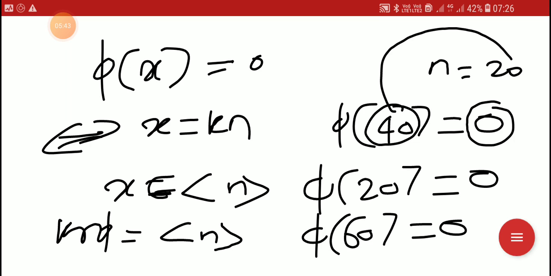That is, our kernel is the set generated by n.